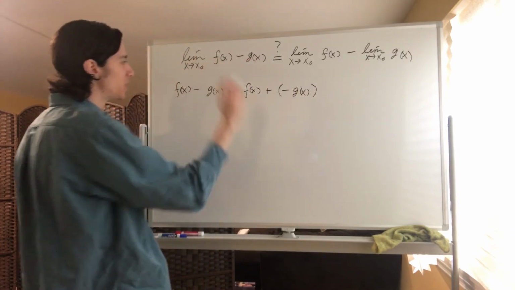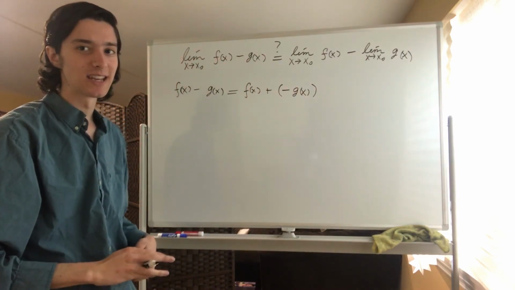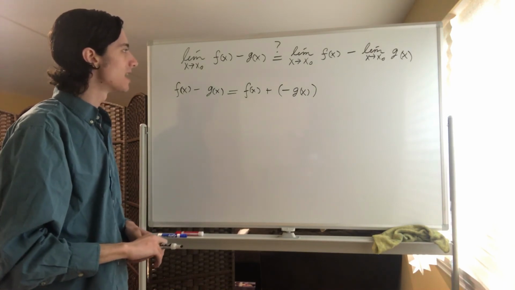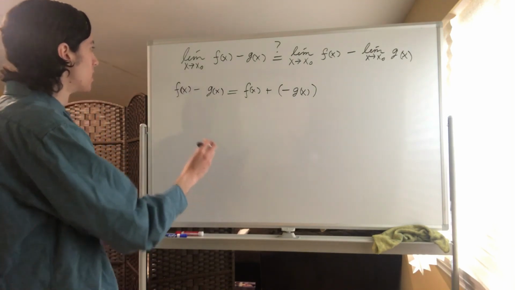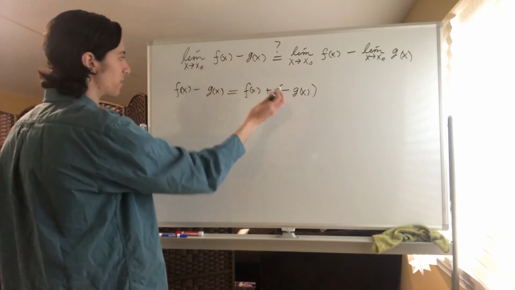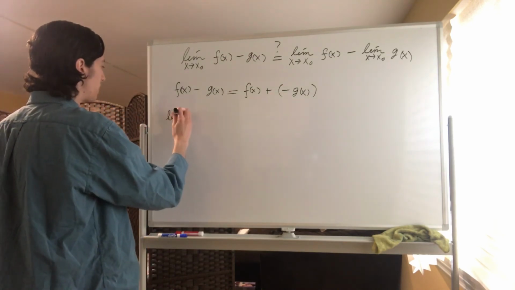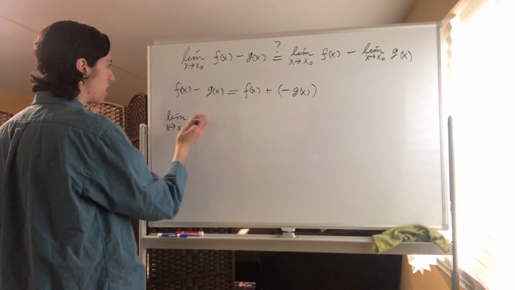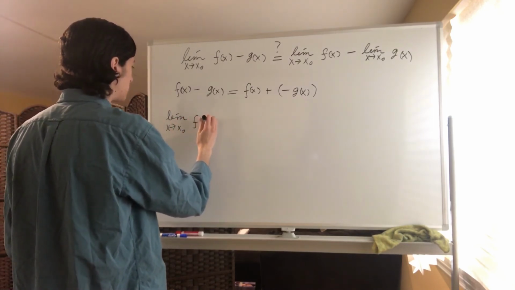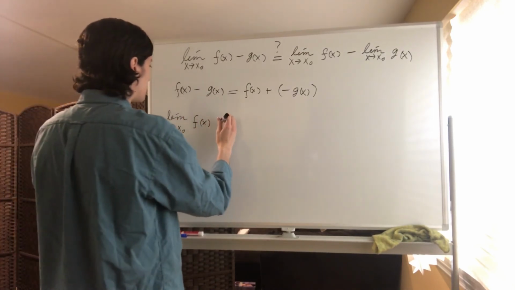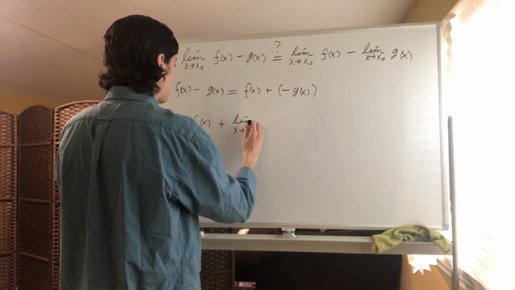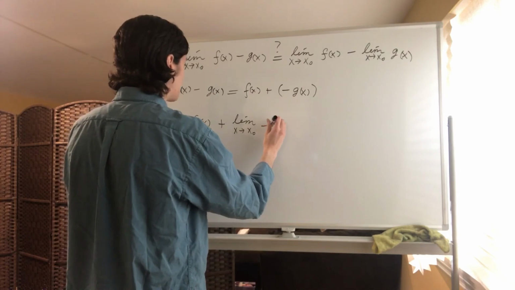And if g of x is a function, then we can just say negative g of x is also a function. And in this sense, we have the sum law. So we have the limit as x approaches x naught of f of x plus the limit as x approaches x naught of negative g of x.